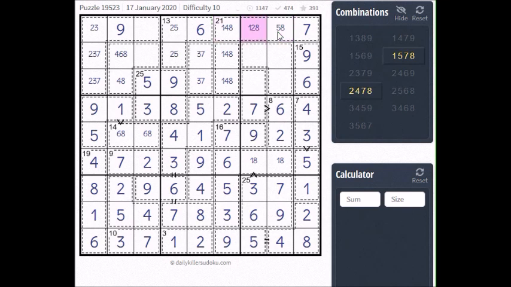In both cases, note that if this is 2, 4, 6, this would be 3, and if this is 1, 5, 8, this would be 2, and this would also be 3. So this is 3. Here we have 2, 7.